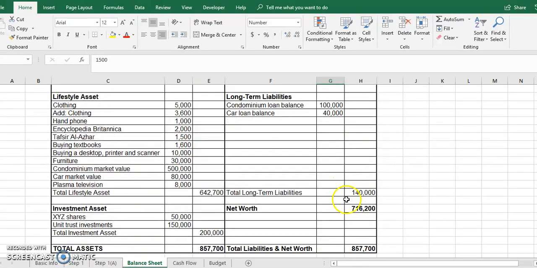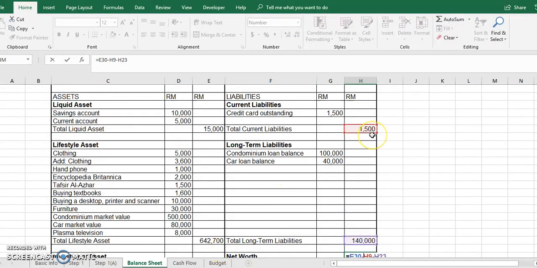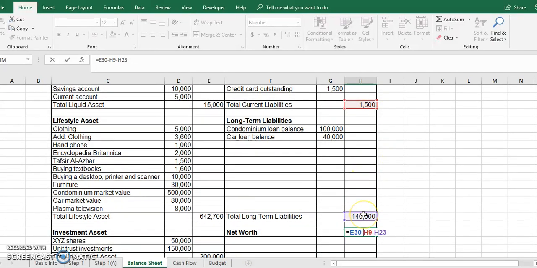And then the next step, we have to make sure that the balance sheet is balanced. So in this case, we are introducing another item, which is net worth. How do we get the net worth? You get the net worth by taking total asset minus current liability minus long-term liability.